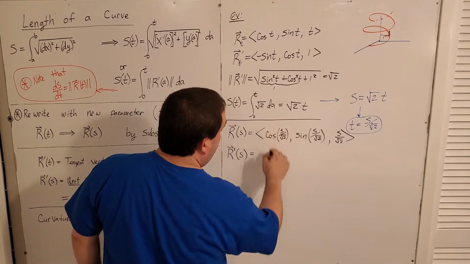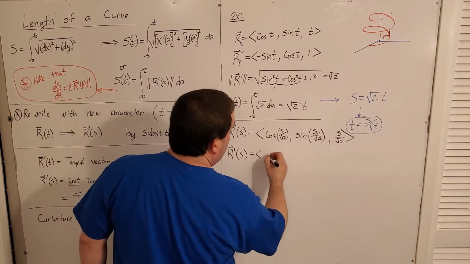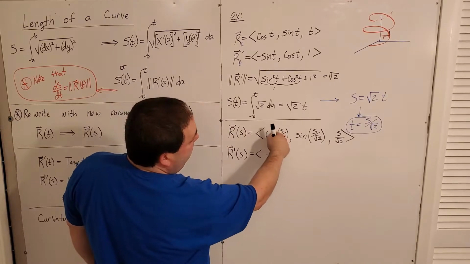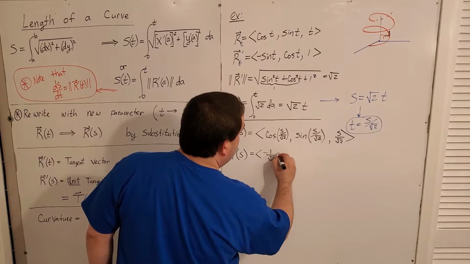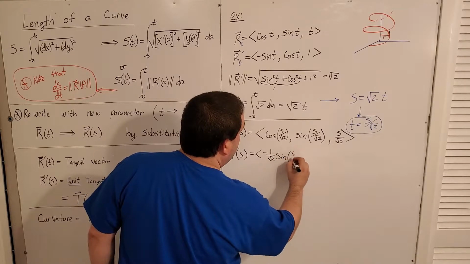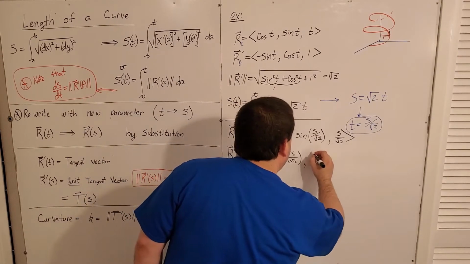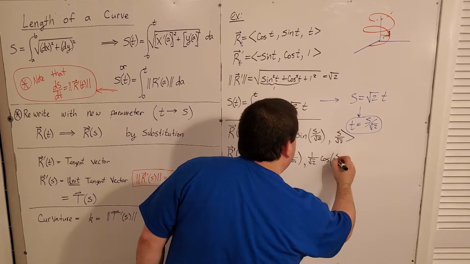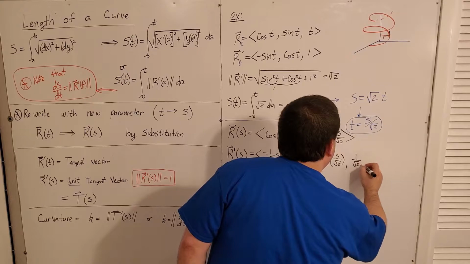Right here, when I take my derivative of each piece, notice what happens is I get a 1 over square root of 2 multiplied because of the chain rule there. Derivative of cosine is negative sine, and I still have s over square root of 2. So 1 over square root of 2 cosine s over square root of 2, and just 1 over square root of 2.